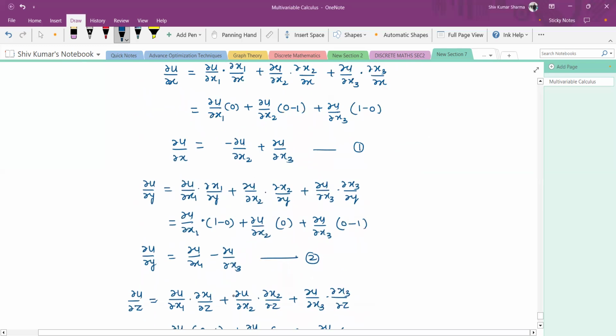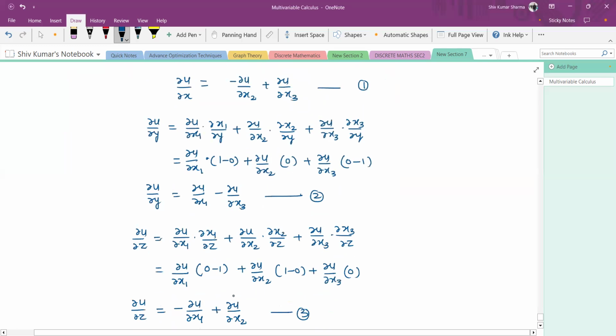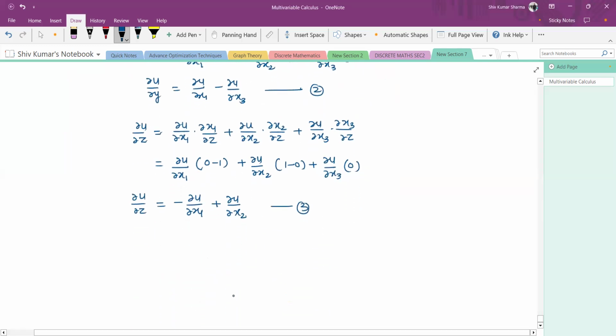Now we see our result: del u upon del x plus del u upon del y plus del u upon del z equals 0. So now we add equations 1, 2 and 3.